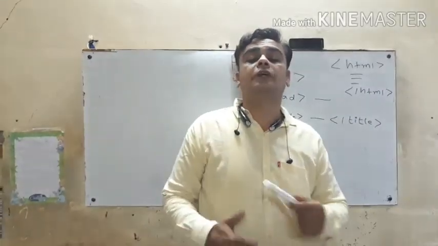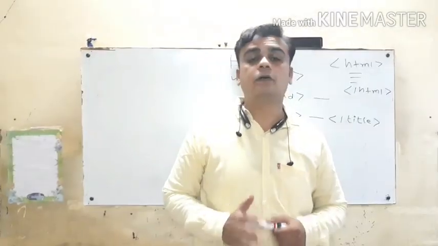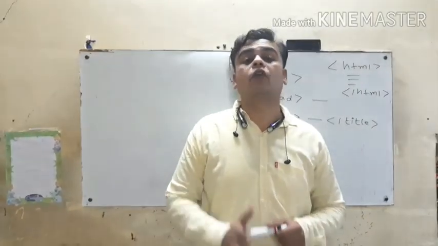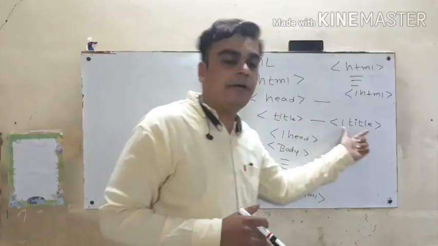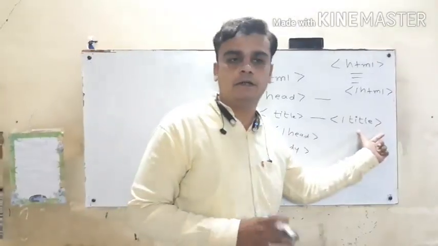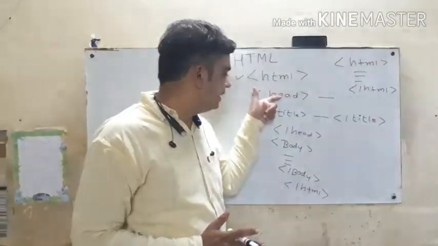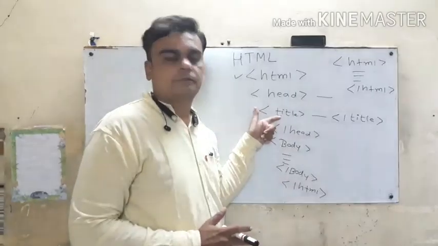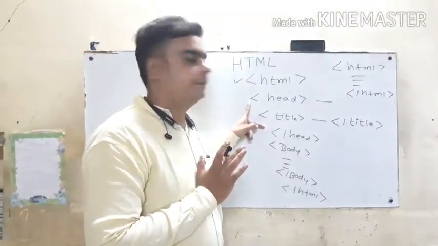It is used to give a suitable title to the web page, and it will be displayed on the title bar of your window. And like the head tag, it is also a pair tag, so it is represented by title, then dash, and then slash title. But keep one thing in your mind, this title tag should be present in between head and slash head tag. So this is the point that you should remember.